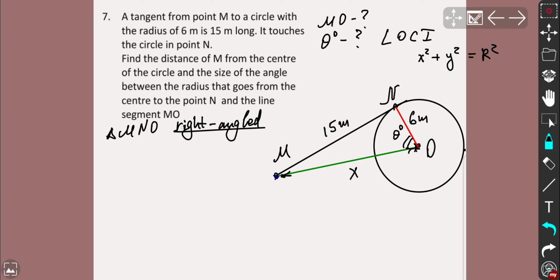Make sure you remember the properties of the tangent line segment and the radius. At the one common point where they meet, they make an angle of 90 degrees, a right angle. So this angle is going to be 90 degrees. That's by definition.